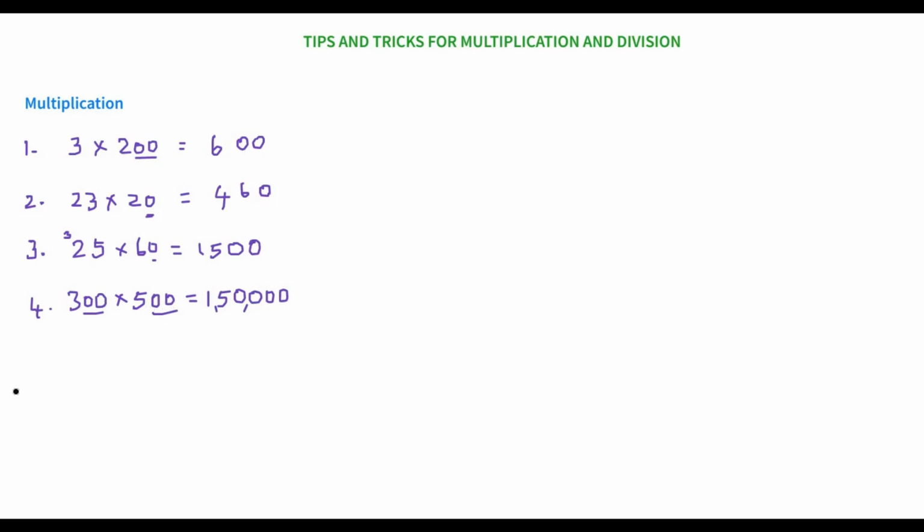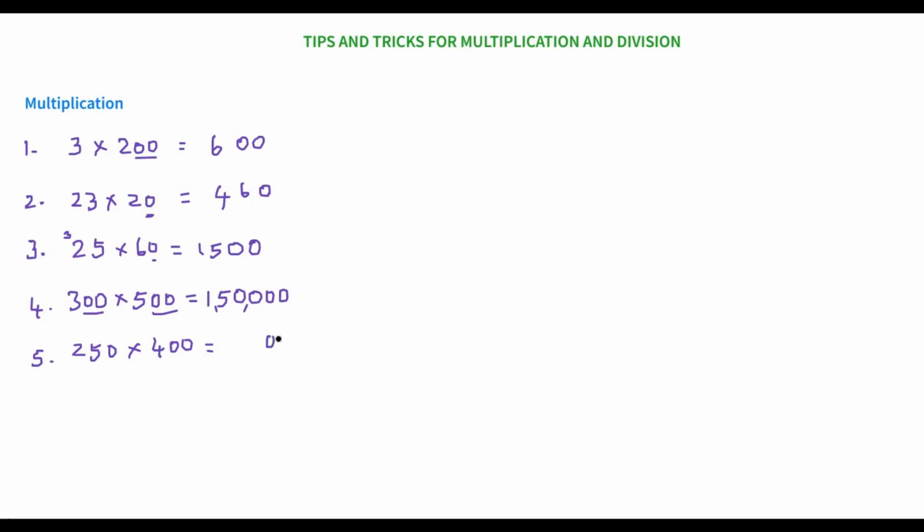Now let's see a little bigger number. The fifth question is, if you have a number like 250 times 400. This is also 3-digit with 3-digit. Here we have 2 zeros and here we have 1 zero. So altogether how many zeros?